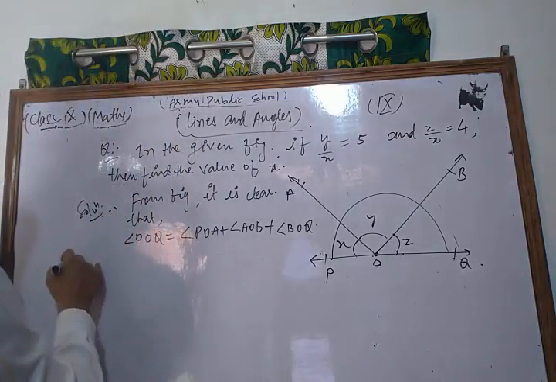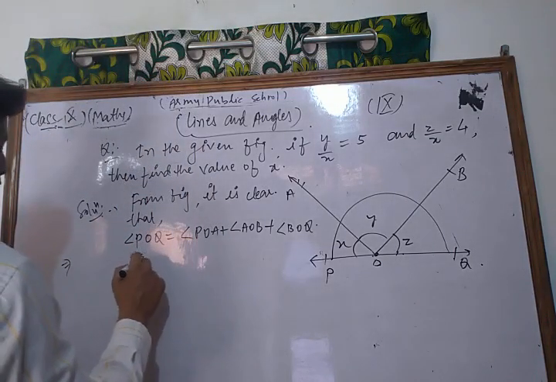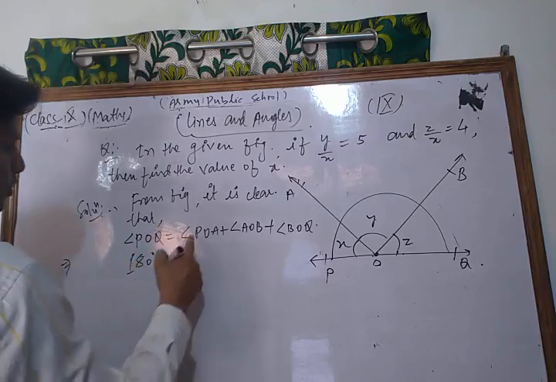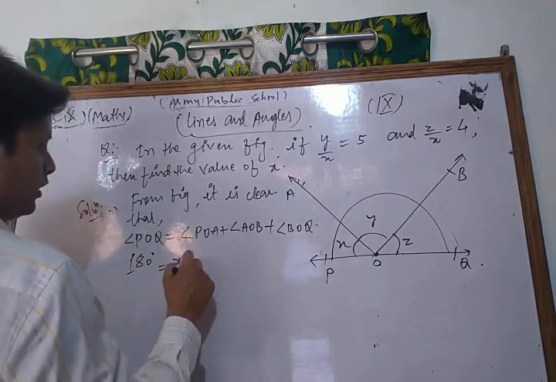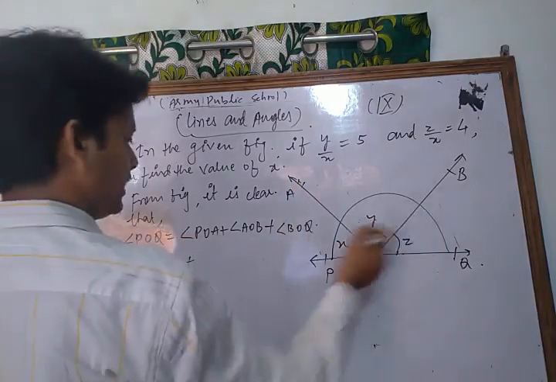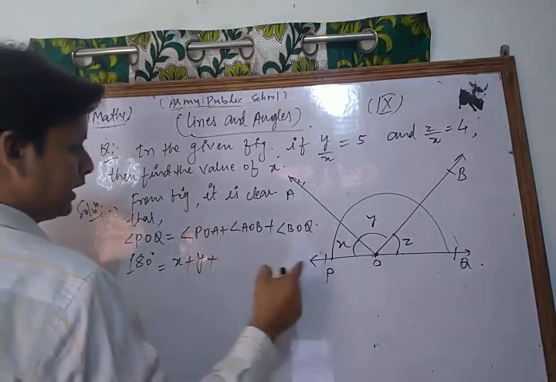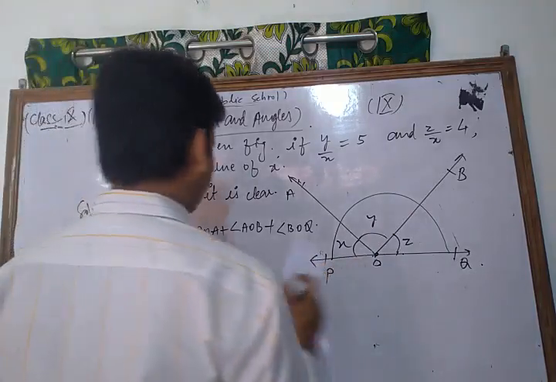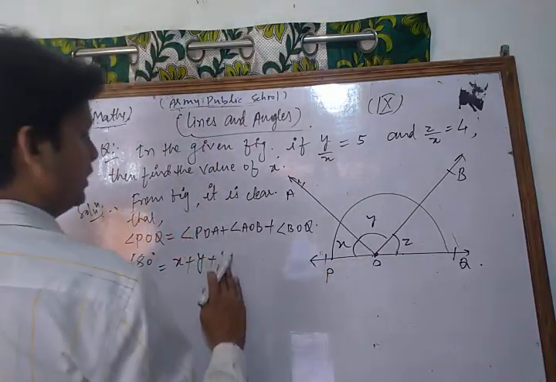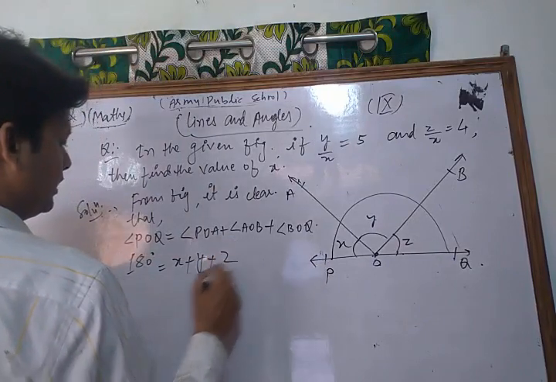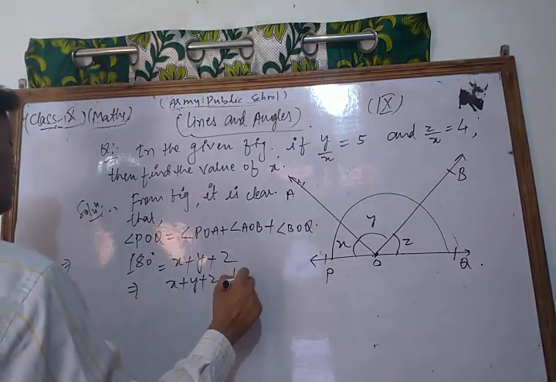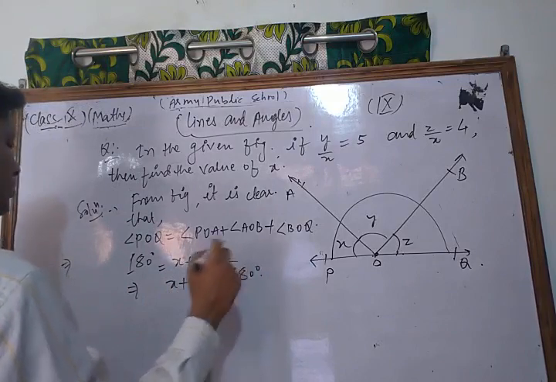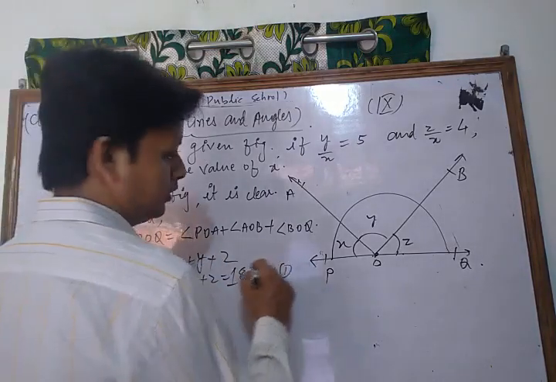So here we put 180 degrees is equal to angle POA, which is x, angle AOB as y, plus angle BOQ as z. Now we write x plus y plus z is equal to 180 degrees.